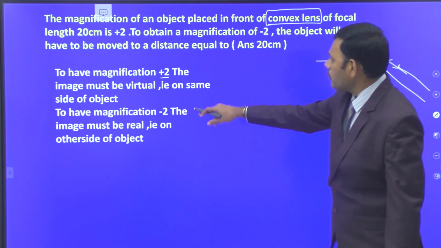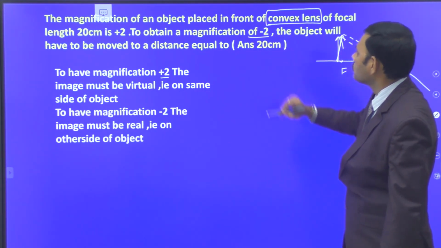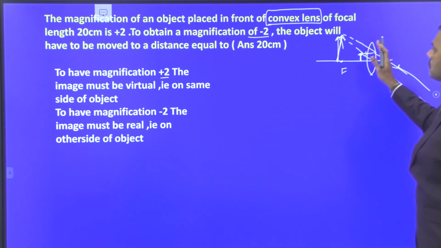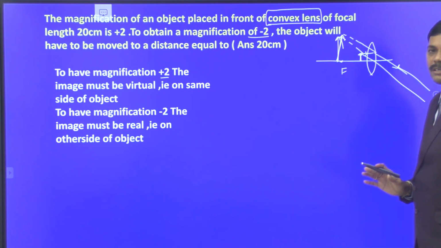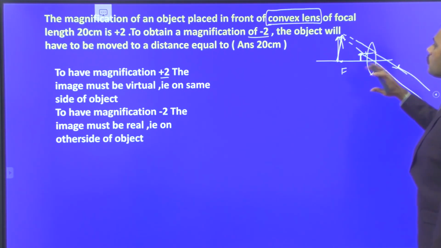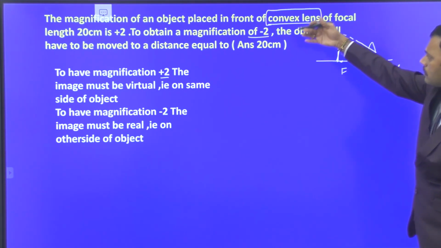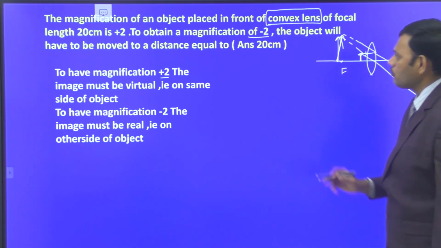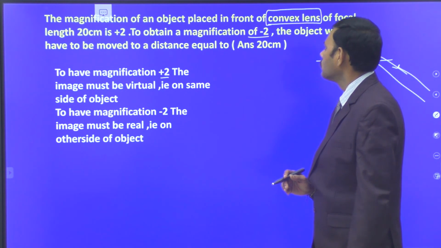And the magnification -2 is possible when the image is formed on the other side of the lens. Then we get an inverted image, so real and inverted, having a negative sign in magnification. The object will have to move to a distance equal to what?